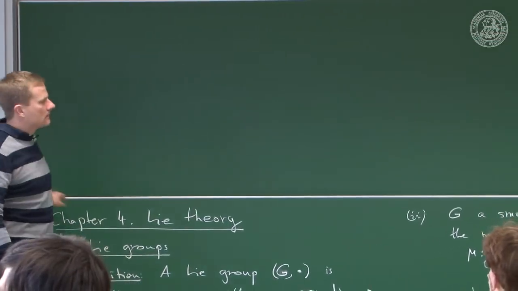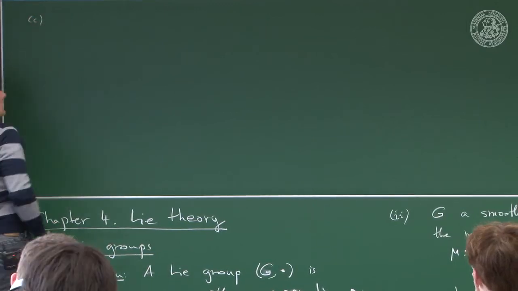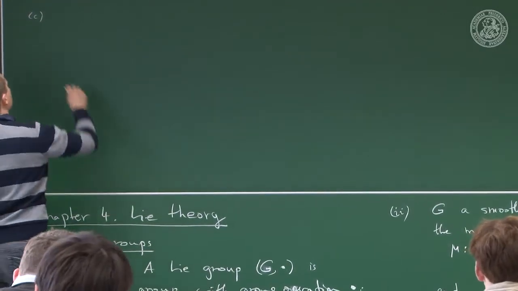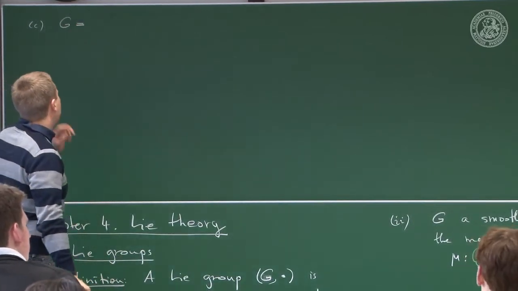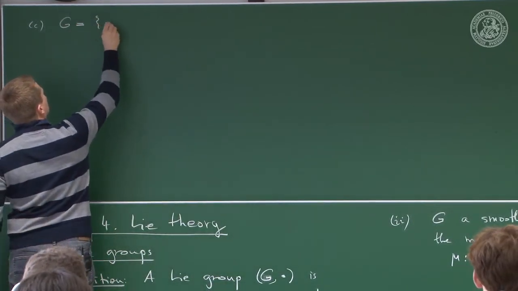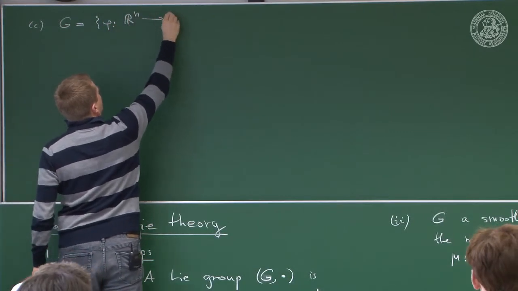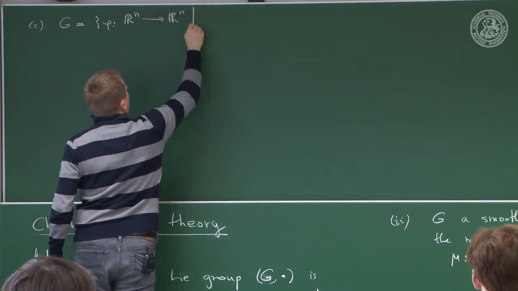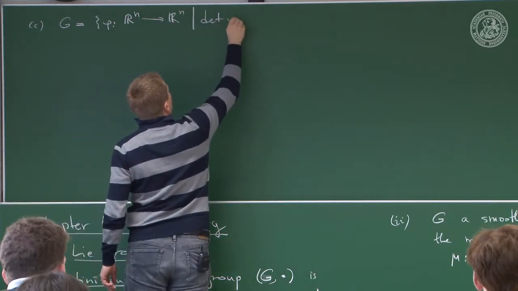Now, as a final example, we may consider as the space G all the linear maps that take you from Rn to Rn, but that have non-vanishing determinant.